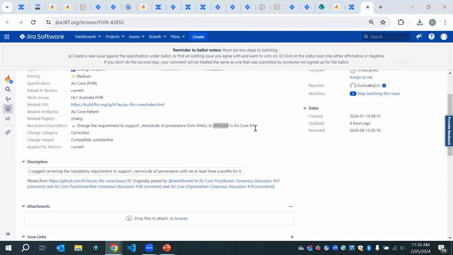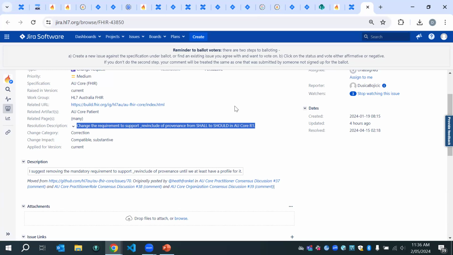Is that clearer? Yeah, thank you. No worries. Any further comments or changes, or shall we vote on whether to accept that resolution? Sanjeev, your hand is up. Sorry, a layman's question.